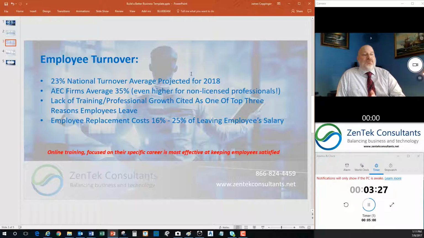You're looking at between 16 and 25% of the leaving person's salary to onboard, train, and get a replacement person up and running, right? So think about that. You're losing 30% of your staff every year, and then you're adding an additional 20 to 25% in fees just to get them up to speed and get you back to where you first started.